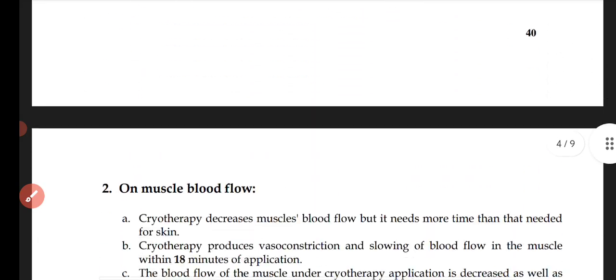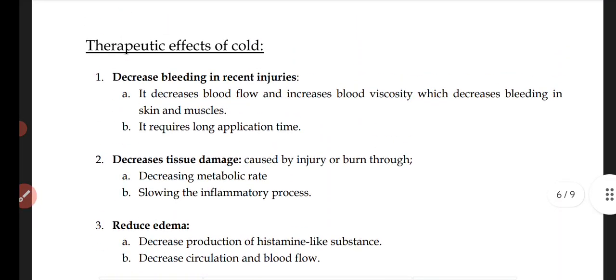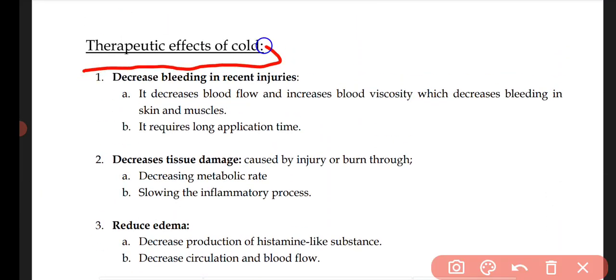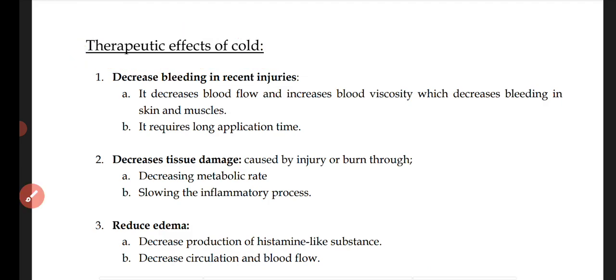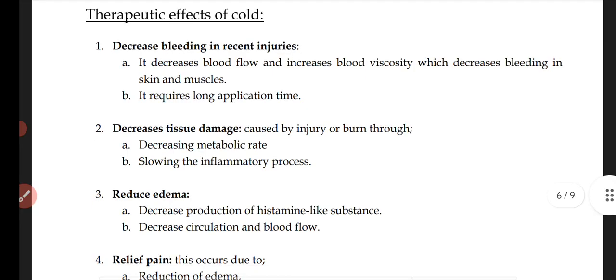Okay, next one is the therapeutic effects of cold or cryotherapy. Number 1 is the decreased bleeding in recent injury. Under this heading, subheading A, the decreased blood flow and increased blood viscosity decrease bleeding in the skin and muscles.